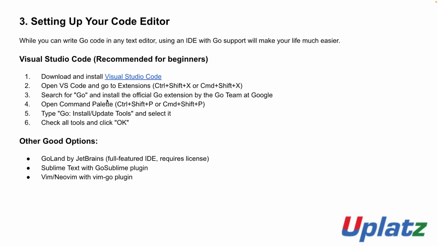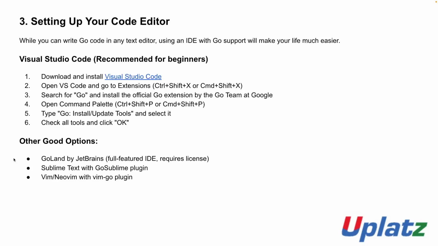Search for Go and install the official Go extension by the Go team at Google. Open the Command Palette with Control plus Shift plus P, or Command plus Shift plus P for Mac. Type Go: Install/Update Tools and select it. Check all tools and click OK.